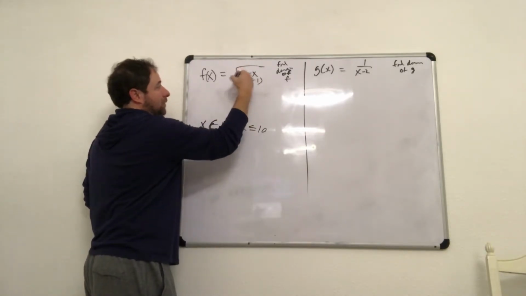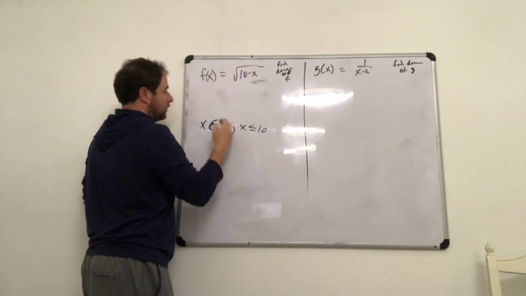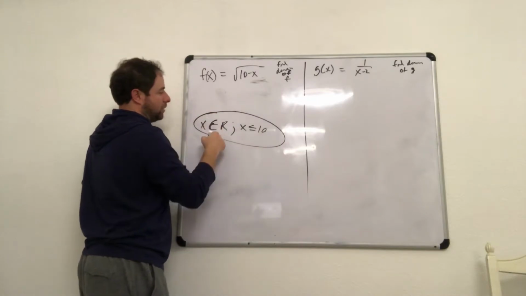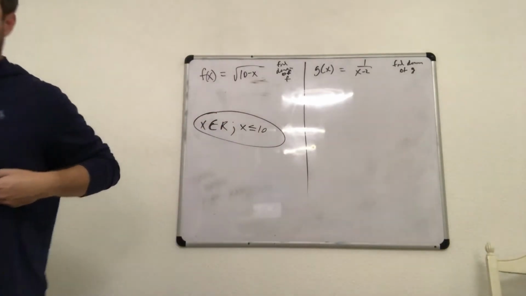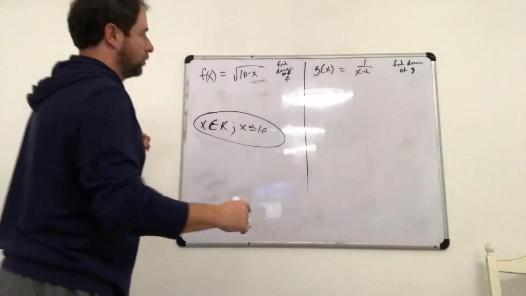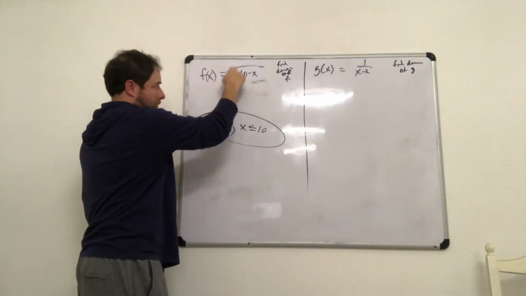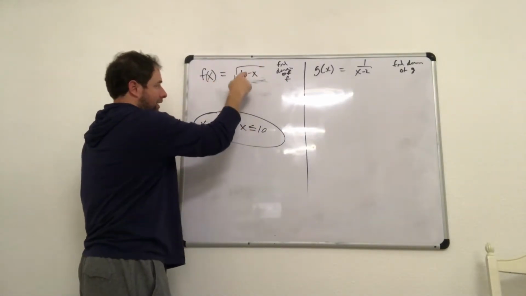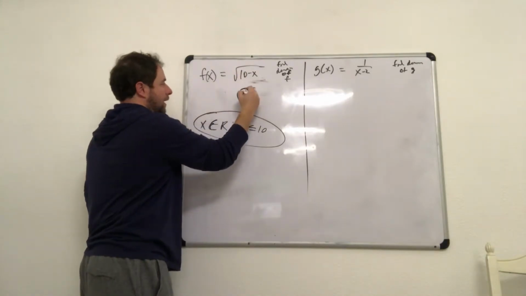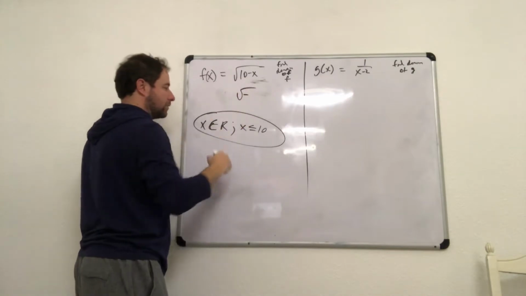So x could be negative, but the outcome of the radical can't be negative. So the answer to this one is x is a member of reals, and x is less than or equal to 10. With any one of these where you're finding the domain of f, and it's a radical, the key is the radical can't be a negative number in the end.